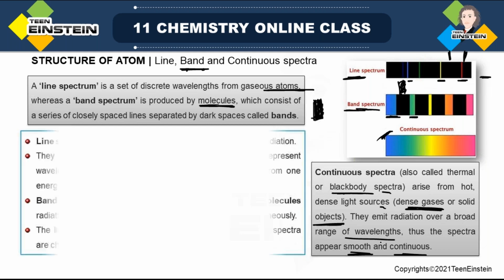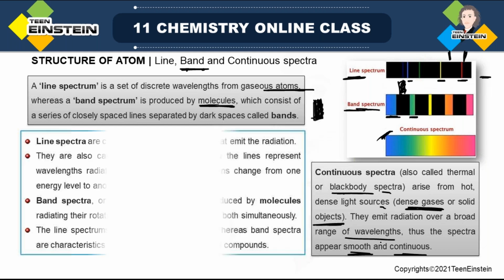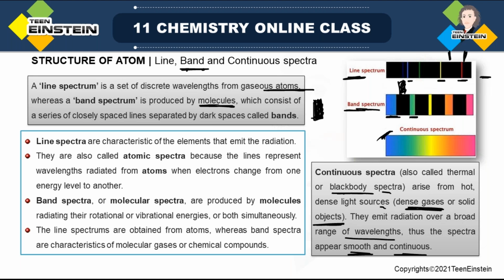So line spectra are characteristic of elements that emit radiation. But remember, as it is light, that means it is emitting some specific wavelengths, not all the wavelengths. So that is why you are not getting continuous. They are also known as atomic spectra, that we have seen in the last slide.